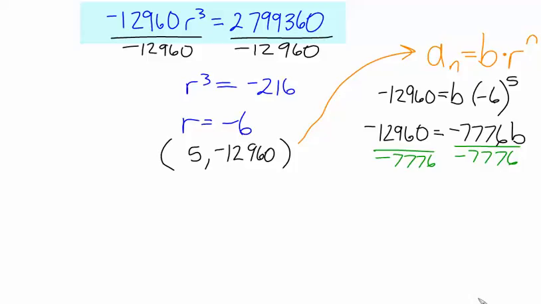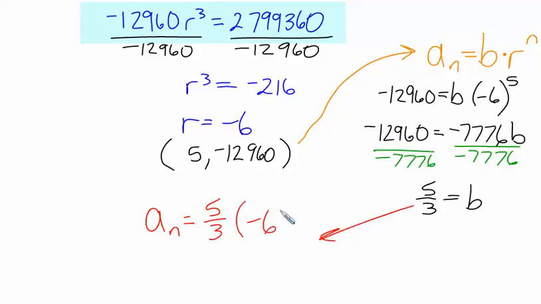So negative 12960 divided by negative 7776 is 5/3. Please leave it as an improper fraction, simplified if applicable. So in this problem, our final answer would be a sub n is equal to b, which is 5/3, times the r, which is negative 6, to the n.